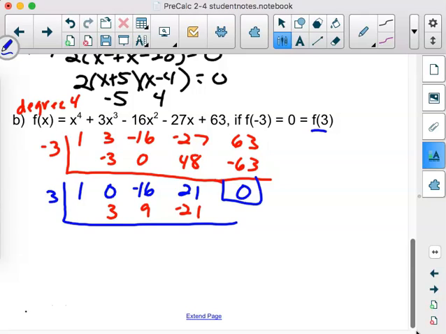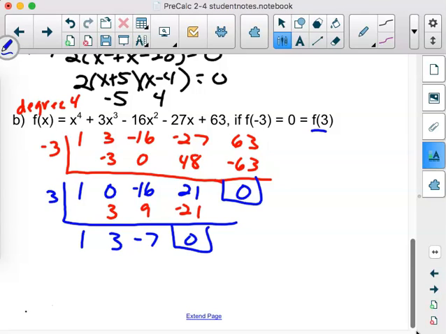A little bit less math to do with each step in the synthetic. So, Jonah, what'd you get for that last line? Oh, don't forget to unmute yourself. 1, 3, negative 7, and 0. Beautiful.